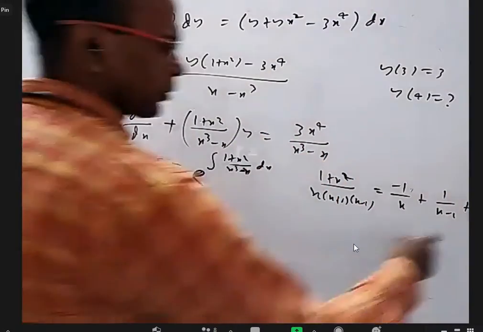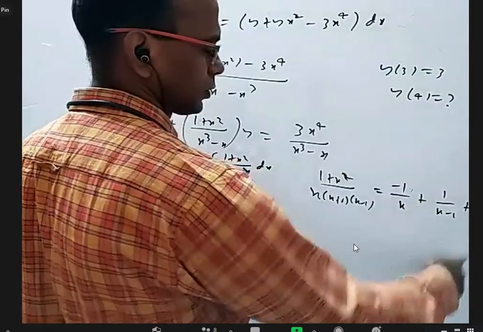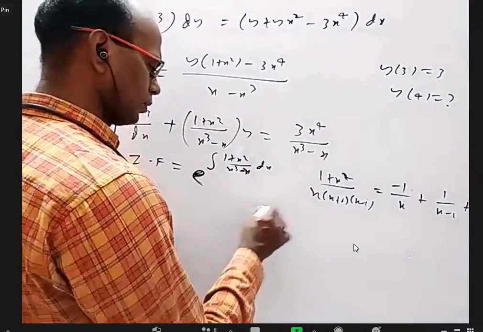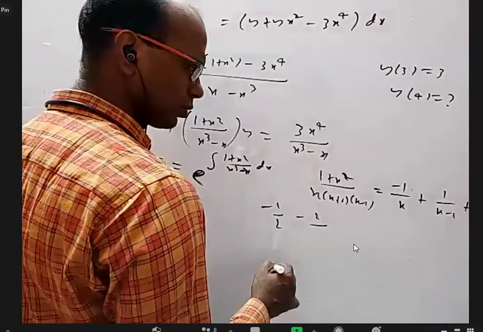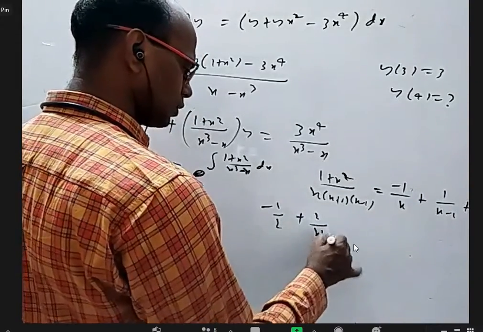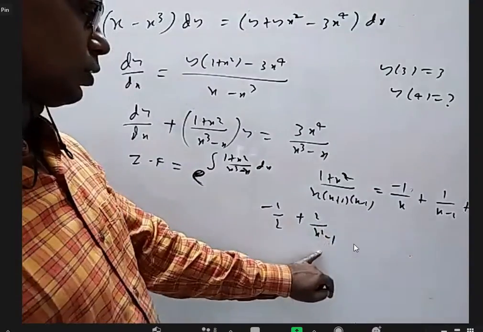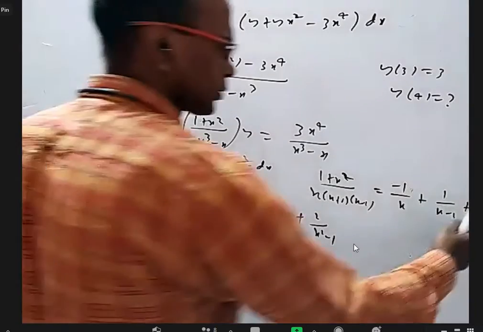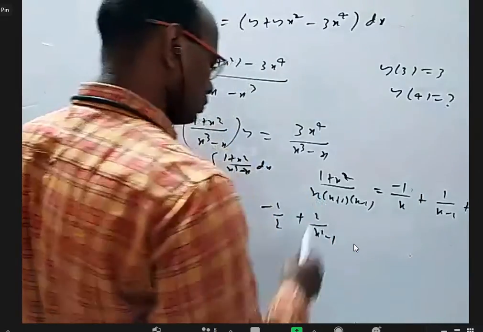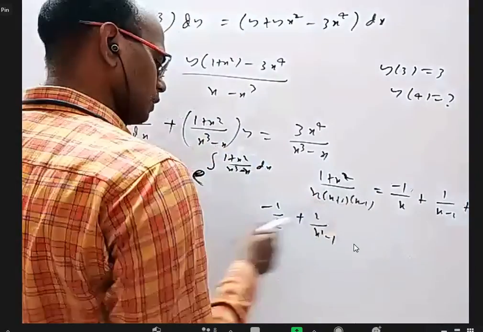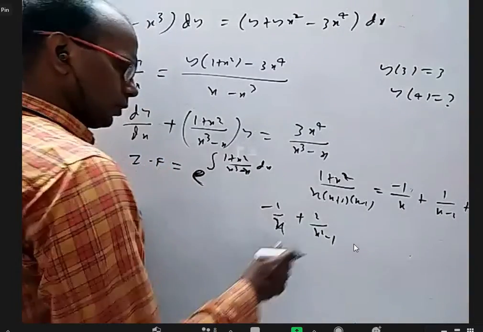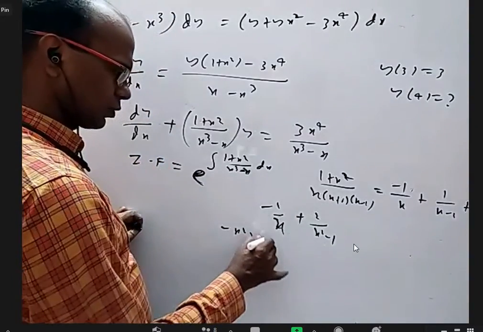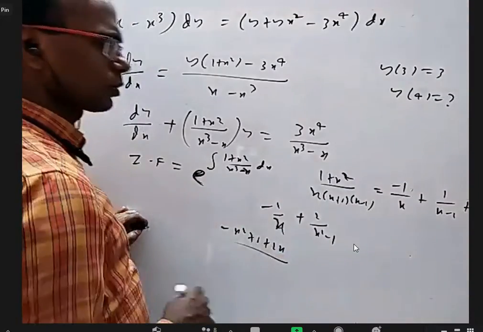In fact, if I combine this, x plus 1 minus x minus 1 will become 2. Coming minus 1 by x plus 2 by x square minus 1. Wrong.